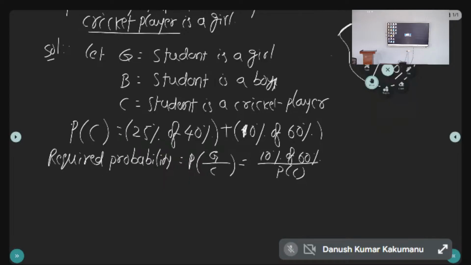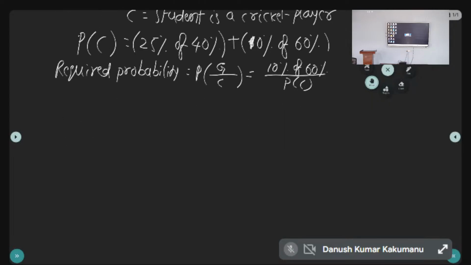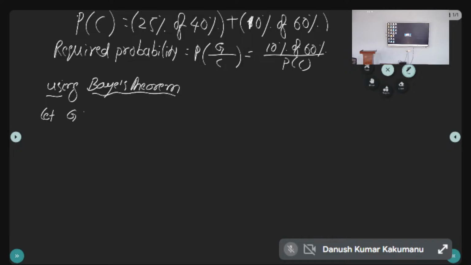Same problem using Bayes theorem. Let G: student is a girl.